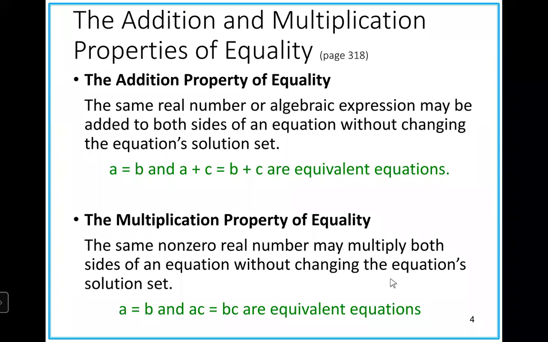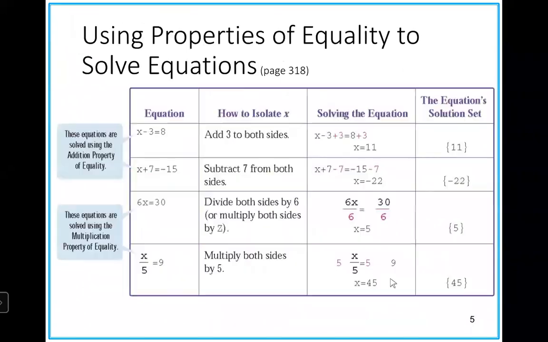Because we know this, we can use those properties to help us when we are solving equations. So on page 318, you'll see a table at the bottom of the page, which is using those properties that we just mentioned.